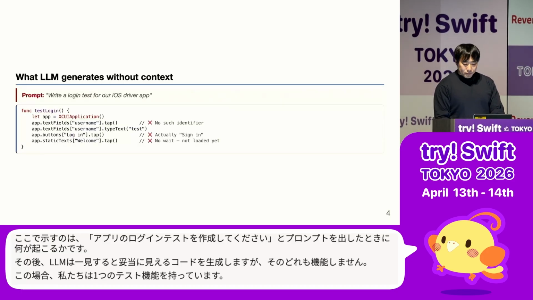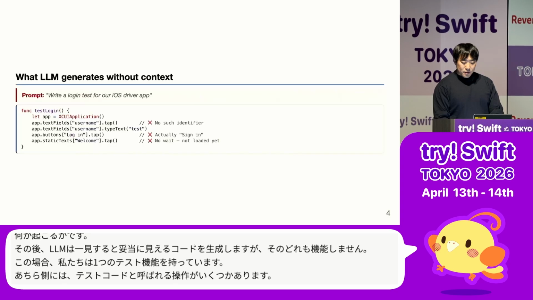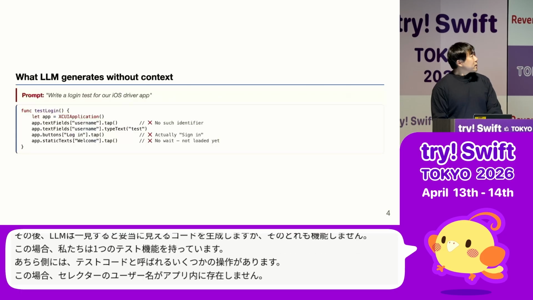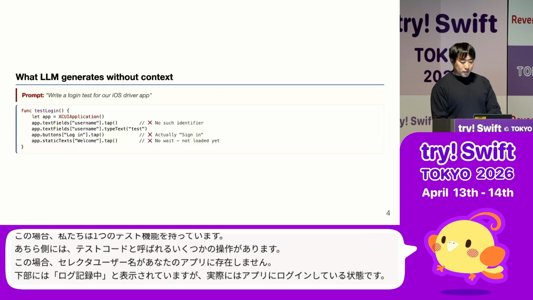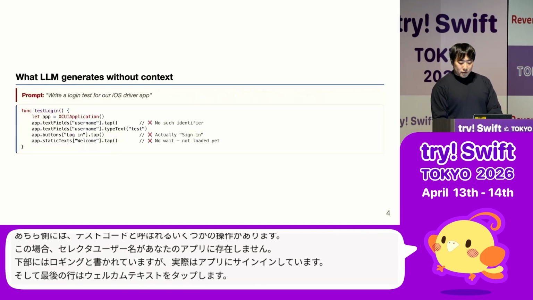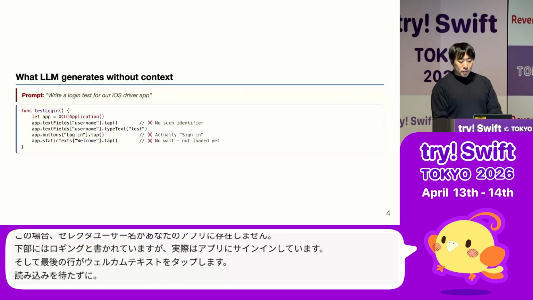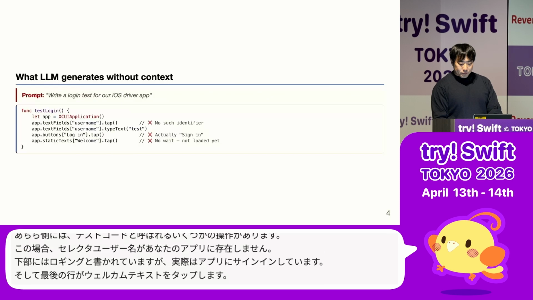The selector username doesn't exist in your app. The button says login, but it's actually sign in in the app. And the last line taps the welcome text without waiting for it to load. So it's not there yet in the testing timeline.